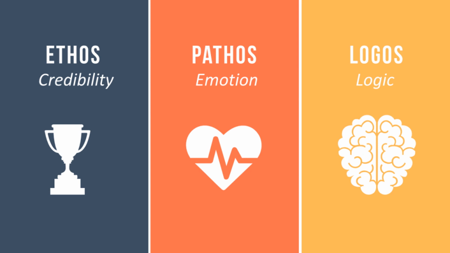Pathos is where you're appealing to the emotion of the reader, so you obviously want to use emotive language here. If you're talking about a festival in a local community, you could talk about how it might affect tourism, how it might affect the economy. And then your logos is your next steps or how to combat it.